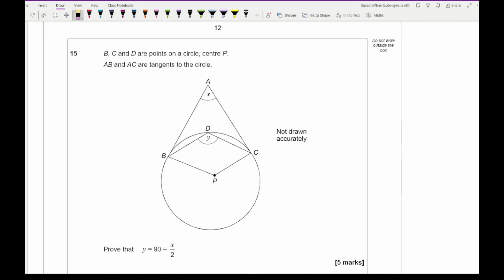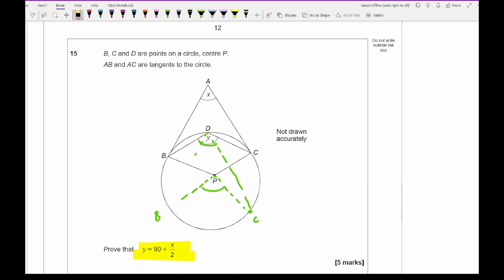Now moving on to question 15, it says B, C, D are points on a circle with a centre of P. AB and AC are tangents to the circle, and the question is asking us to prove that y equals 90 plus x over 2. So for this, if I take BC and drag it down, let's say here, so this is my new B, this is my new C, then this becomes an arrowhead, which means that this angle here is going to be half the size of that angle there.